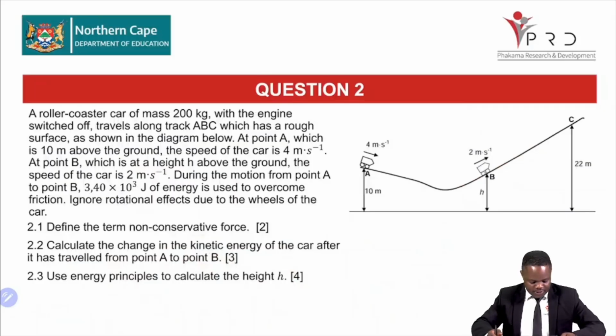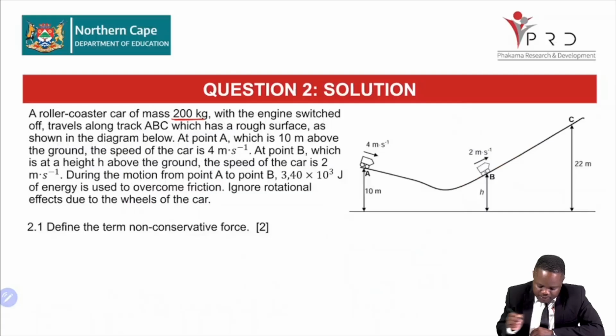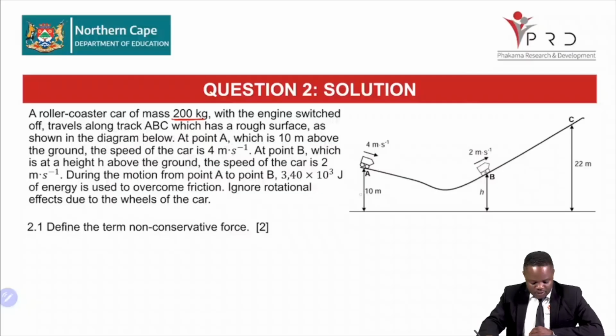Right, welcome back. Let's start with the first part. A roller coaster of mass 200 kilograms with the engine switched off travels along a track ABC, which has a rough surface, as shown in the diagram below. At point A, which is 10 meters above the ground, the speed of the car is 4 meters per second.